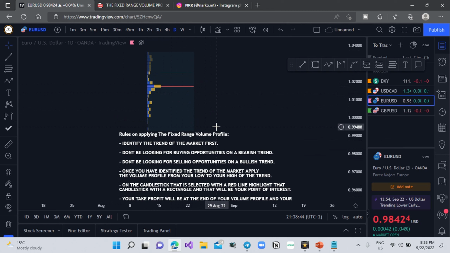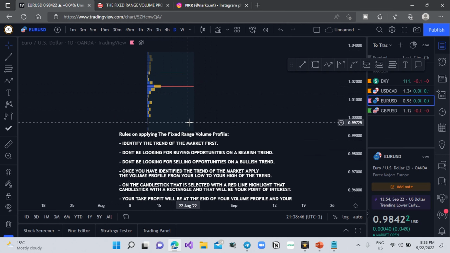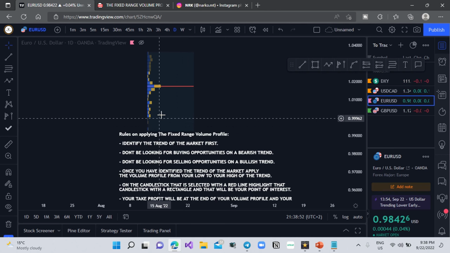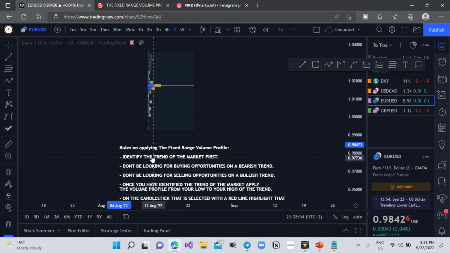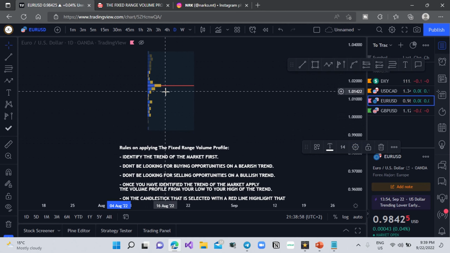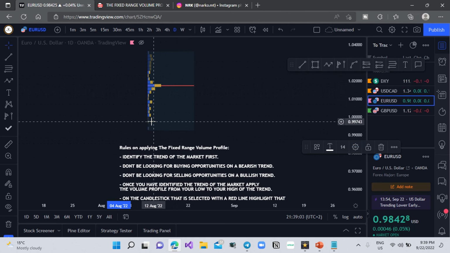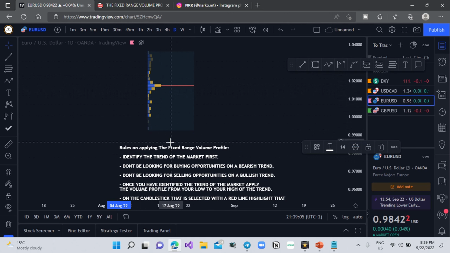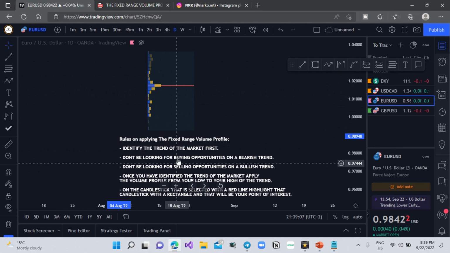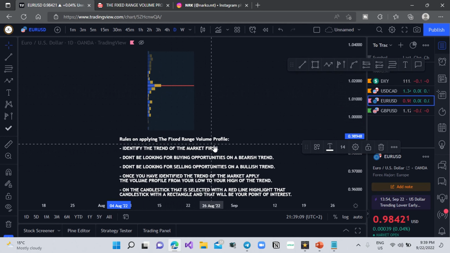Yellow and blue rows shows us the up and down volume for each price level, and the shaded blue area shows us the selected volume area that is being shown.